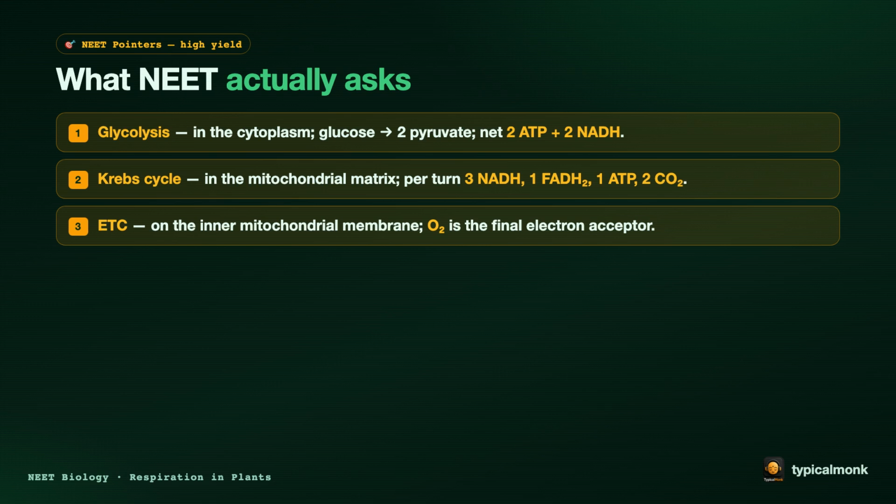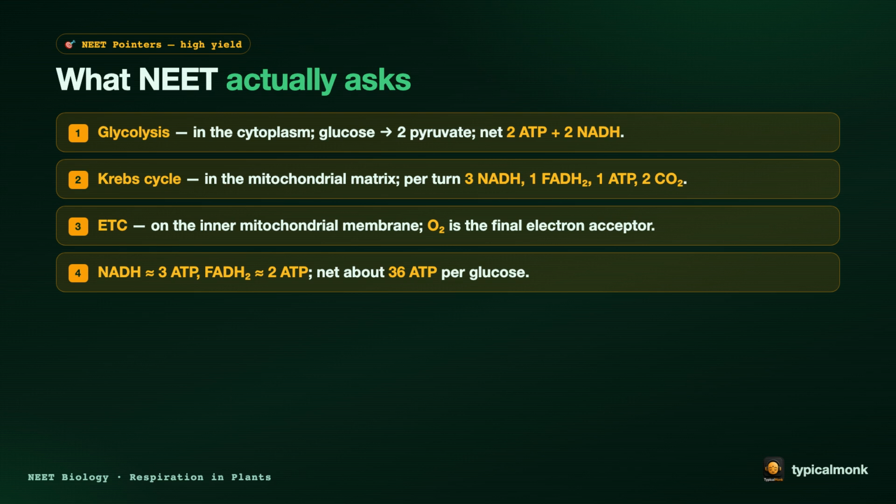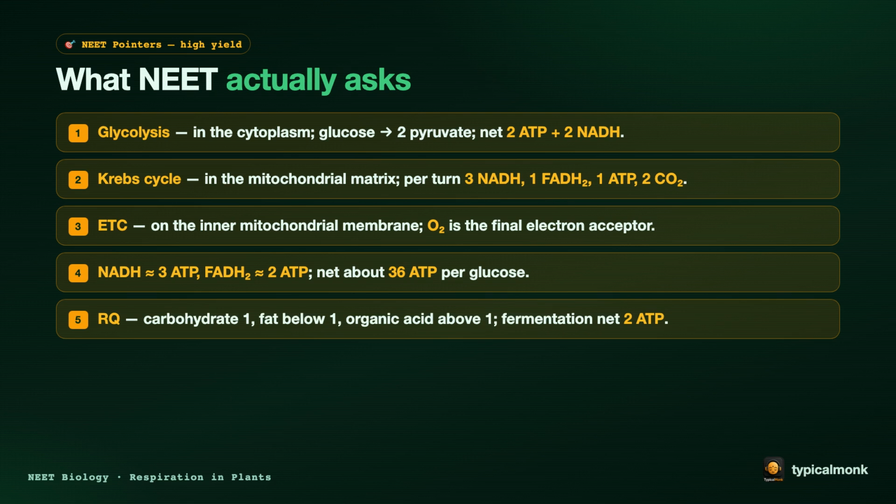The electron transport chain is on the inner mitochondrial membrane, and oxygen is the final electron acceptor. 4. Each NADH gives about 3 ATP and each FADH2 about 2 ATP, for a net about 36 ATP per glucose. 5. Respiratory quotient is 1 for carbohydrate, below 1 for fat, above 1 for organic acid, and fermentation gives a net of 2 ATP.